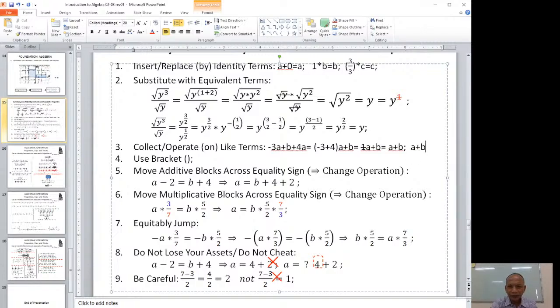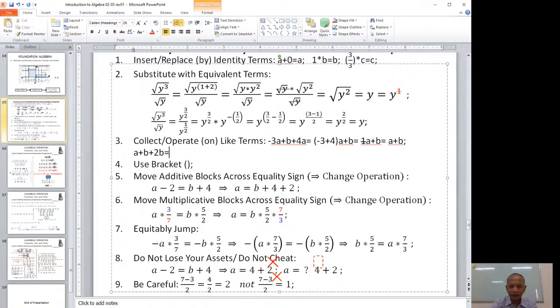A plus B plus 2B equals, okay, A plus 1B plus 2B equals A plus 3B. 1B plus 2B equals 3B here.